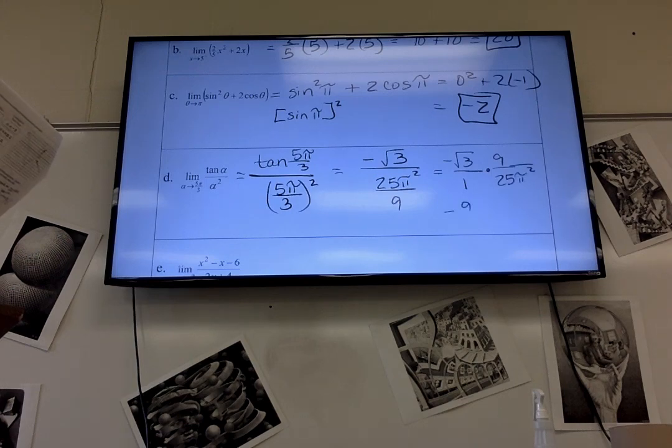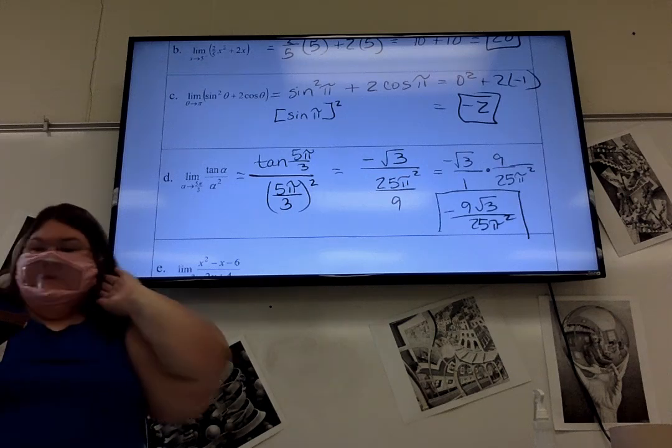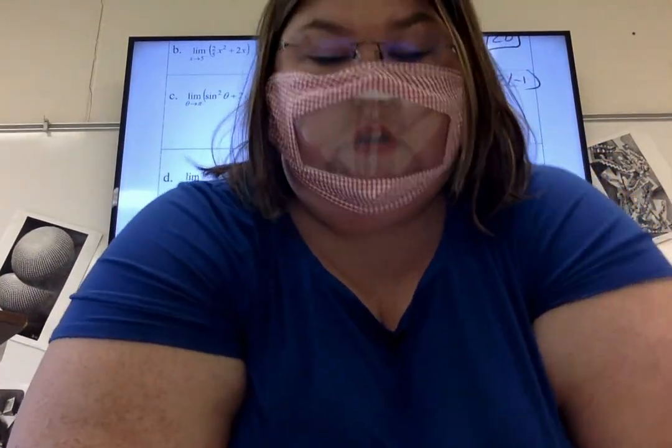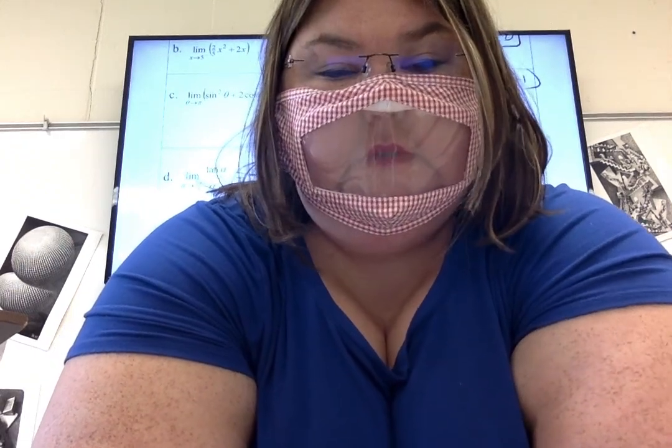Negative 9 square root of 3 over 25 pi squared. That's a gorgeous number. Now my notes don't show the negative, so I'm going to go back and make sure. I probably messed up on the notes, but I just want to make sure.